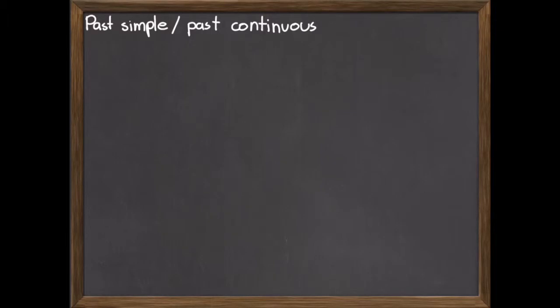We use the past simple and past continuous in different ways. For example, we will use the past simple to talk about completed actions in the past, such as he met his wife in 1988. Something that was completed.